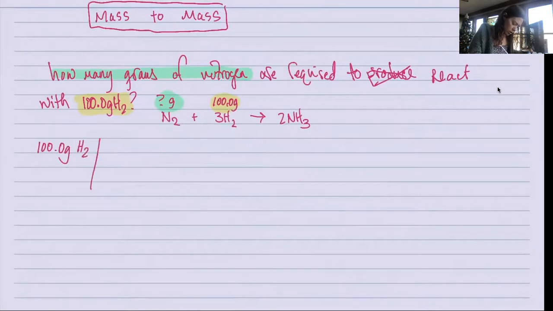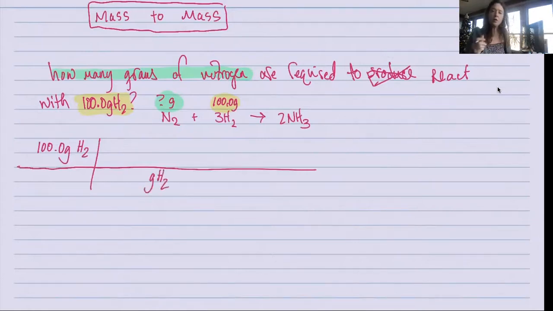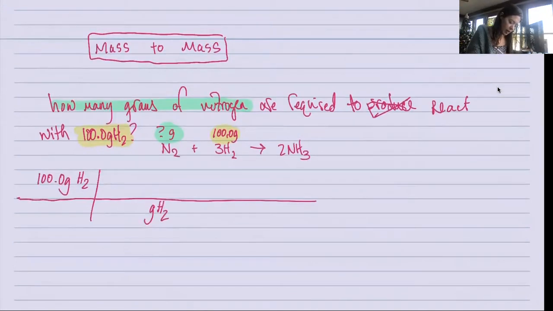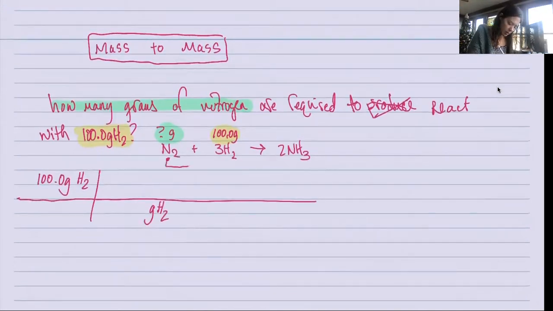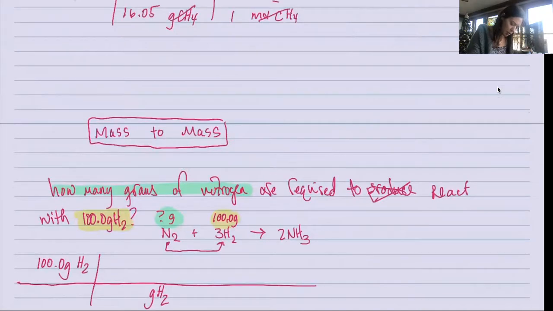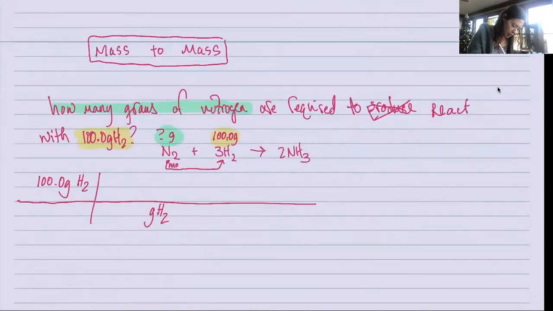Hydrogen. Draw your T-chart, right? What goes on the bottom? Exactly, grams of hydrogen. What are we converting grams of hydrogen to? Well, think about it. We've got to get from here to here. How do we do that? Same answer every time. We use a mole ratio, okay?